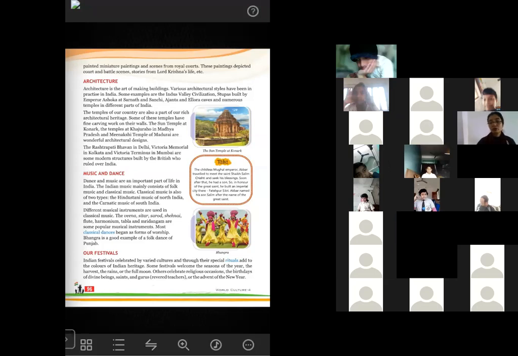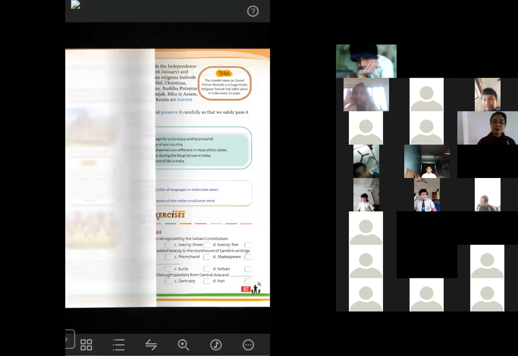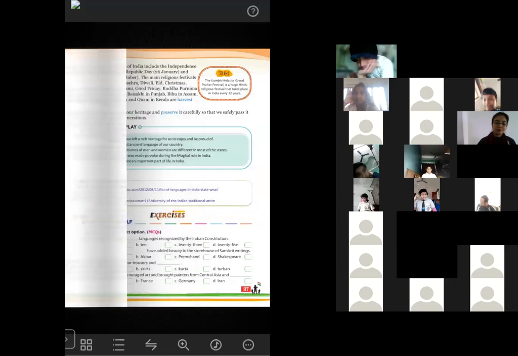The tidbit portion you should not skim. You should always read the tidbit section. In the last page, let's see what is written in the tidbit section. So here you can see the tidbit section.